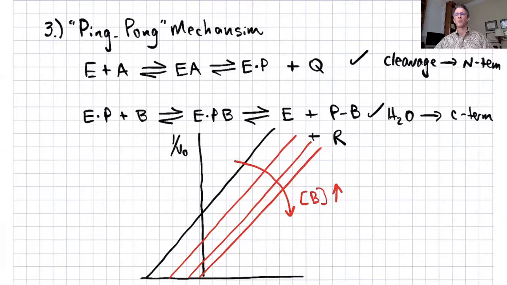You use the temporal behavior, the production of product, as you vary what you think are the different substrates, often in combination with structural biology, mass spectrometry, kinetic isotope effects, all these other tools that you would then use to really take an enzymatic mechanism apart. Steady state kinetics, good thing to know, remember, is the first step in characterizing an enzyme. It's rarely the end point. It almost always requires more than that. Okay.